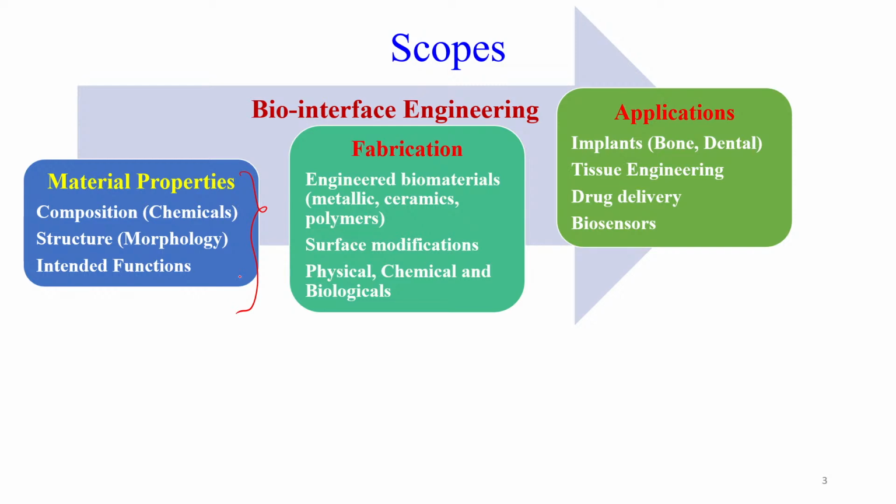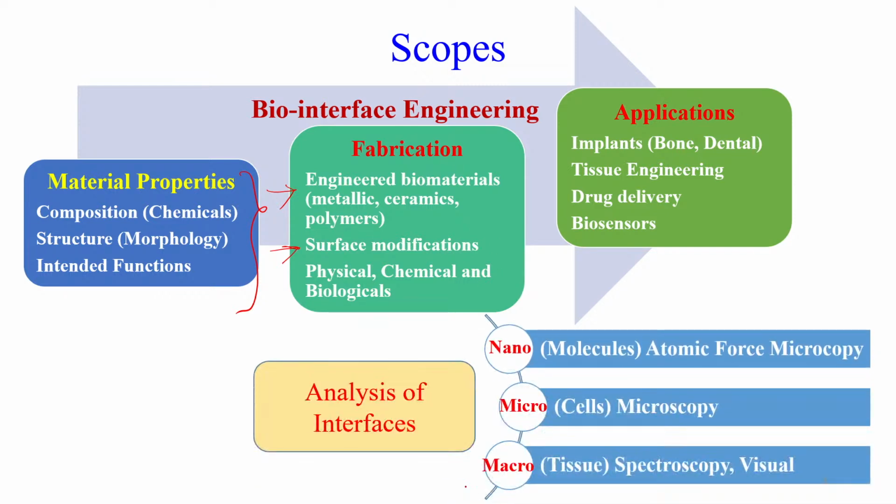Then accordingly, we either use engineered materials, like novel metallic alloys, multifunctional ceramics and polymers that are available nowadays, or the other option is to go for surface engineering and surface modifications. Various physical, chemical and biological methods are available for surface modification, which in turn tune the biointerfacial interactions.